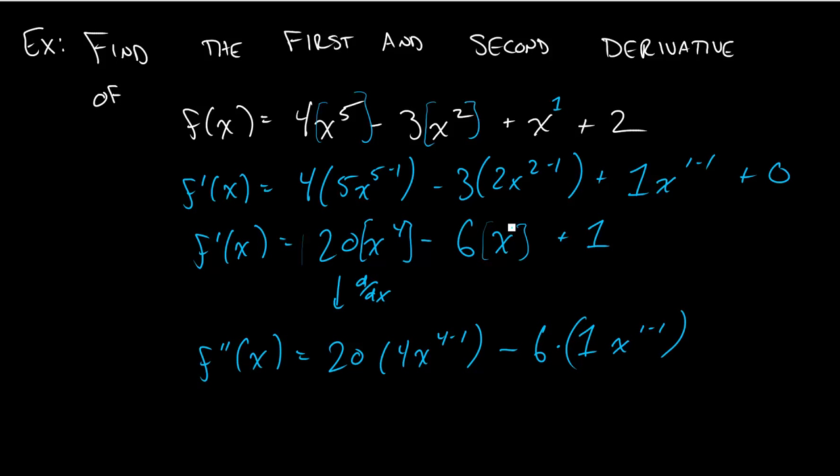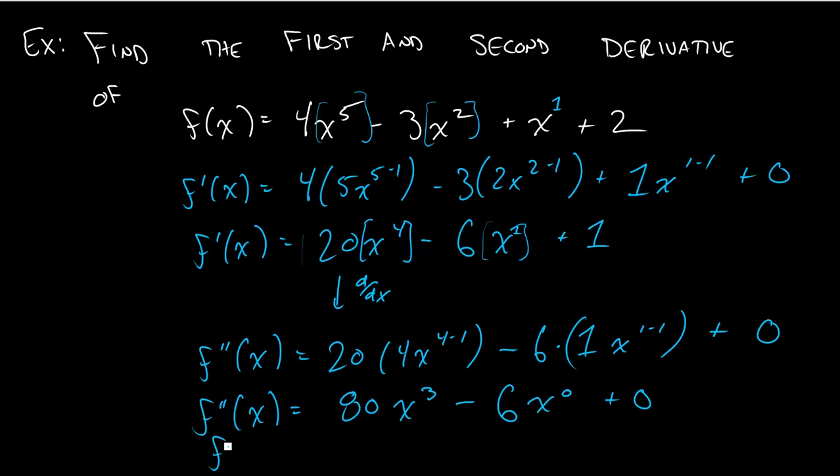I'm just using that rule for x to the first, right? And then plus, what's the derivative of this, is 0. So my second derivative, if I simplify all this, will be 80x cubed minus 6x to the 0 plus 0, which, if I just simplify it once more, we'll get 80x cubed minus 6, right? Because x to the 0 is just 1.